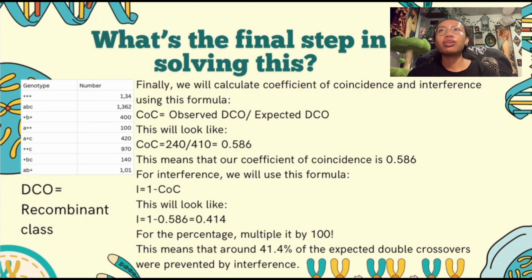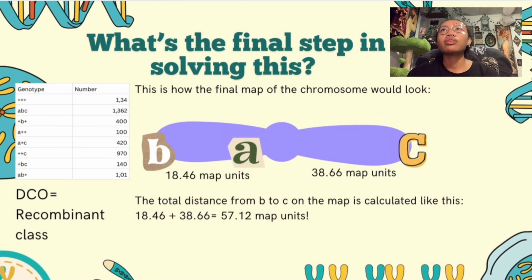And then for the interference, we will use this formula, which is 1 minus 0.586, which equals 0.414. Multiply this by 100 to get 41.4%, which is the expected double crossovers that were prevented by interference.